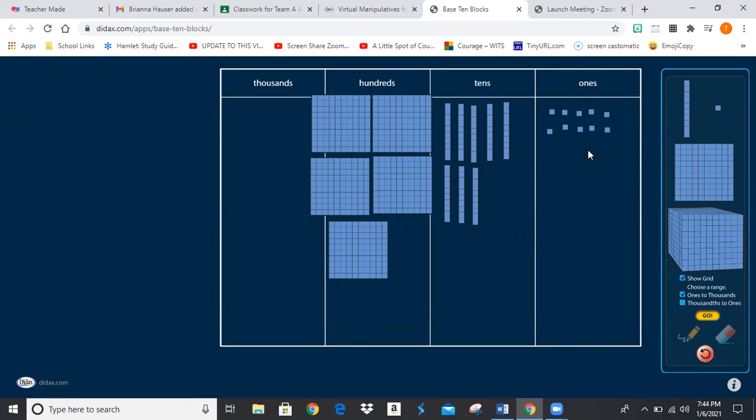You know that we have made a 10. So I can cash these in for a 10. So I'm going to go here, and I'm not erasing these. I'm actually going to cash them in for my 10 stick.